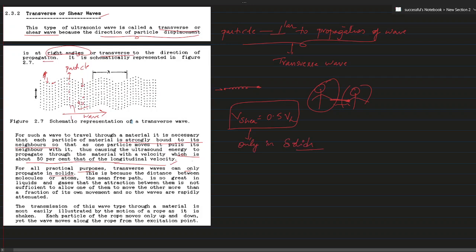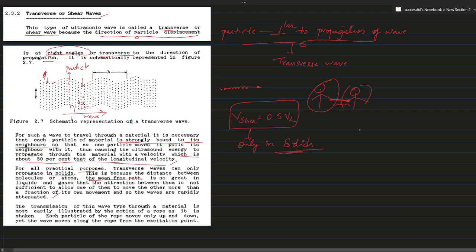Why only solids? The distance between the molecules or atoms, the mean free path, is so great in liquids and gases that the attraction between them is not sufficient to allow one of them to move the other more than a fraction of its own movement, and so the waves are rapidly attenuated.